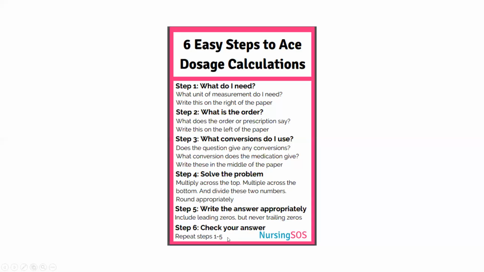And then check your answers. Just with any math problem, check your answer. But in addition to that, be thinking about it logically. If you're coming up with a super large number for giving a pediatric patient 1,000 milliliters of Tylenol, that should make you have a red flag to go back and recalculate your answer.